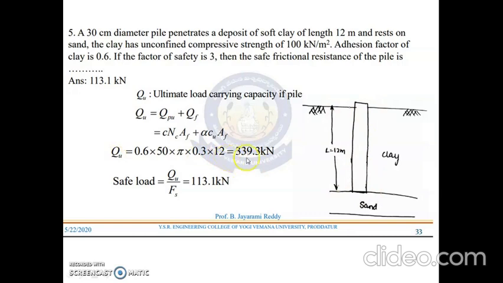So we get Qu as 339.3 kilonewton, and safe load will be Qu by factor of safety, that is 339.3 divided by factor of safety, which is 3. We get 113.1 kilonewton as the safe load.